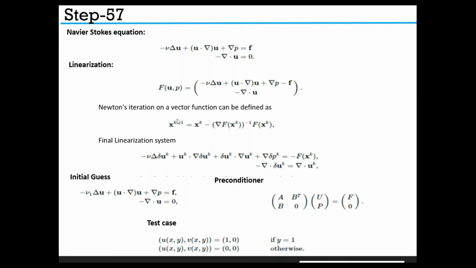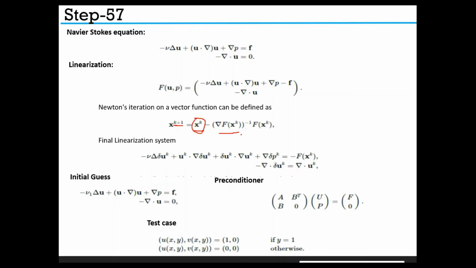And here x to the power k plus 1 is the approximate solution, where k plus 1 is the step here, and this x to the power k represents the solution from the previous step, and this part is the Jacobian matrix evaluated at x to the power k, and a similar iteration can also be found in step 15.